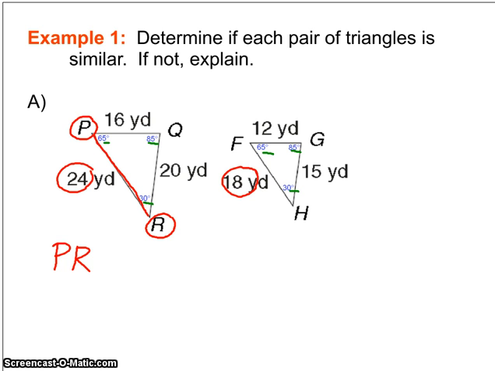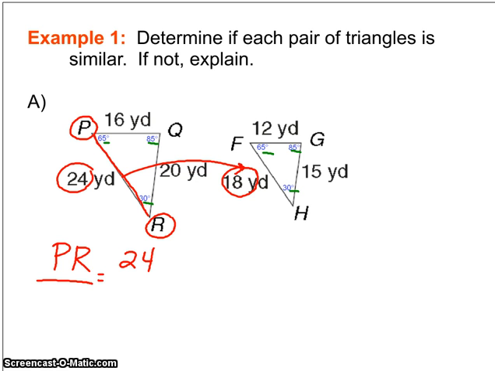It's the second step that the order matters. So this is side PR, and it is 24 yards.